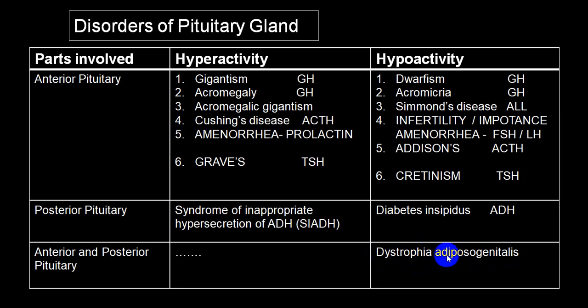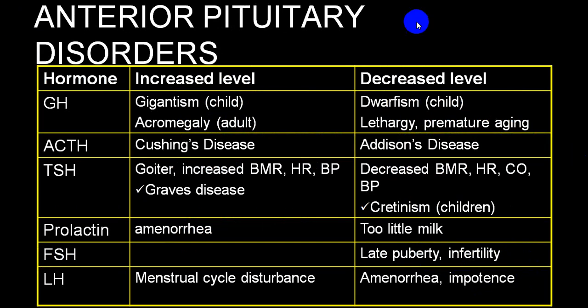So dystrophia adiposogenitalis, classical examples Frohlich syndrome, Laurence-Moon-Biedl syndromes, those are the examples. So these are anterior pituitary disorders we have already mentioned: growth hormone, ACTH, TSH, prolactin, FSH-LH, etc. This we'll be discussing separately.